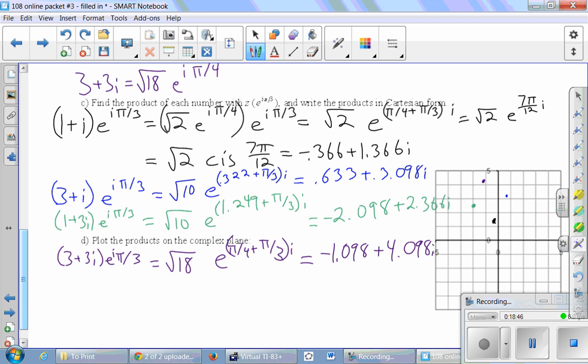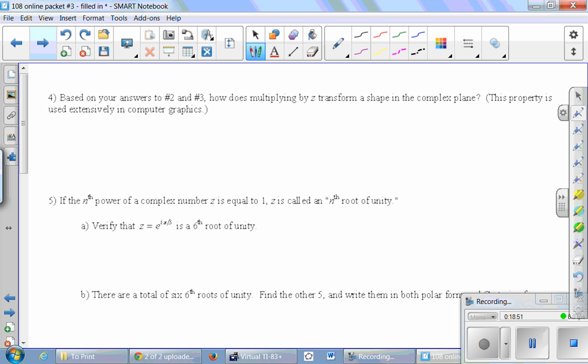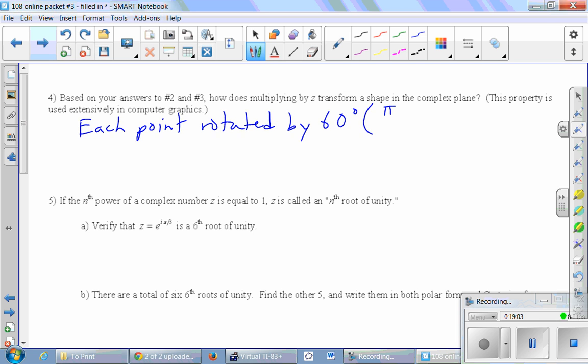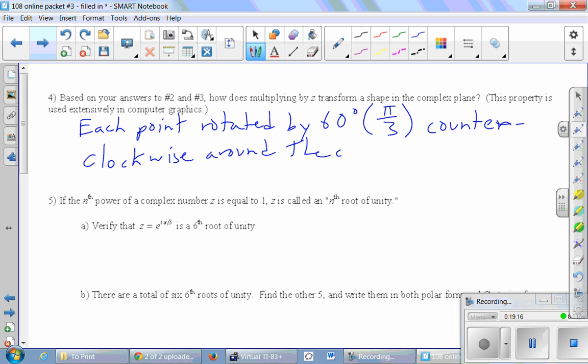If you take a look at each of these points, you'll see that they're 60 degrees counterclockwise from the original point. All of those got rotated around the origin.